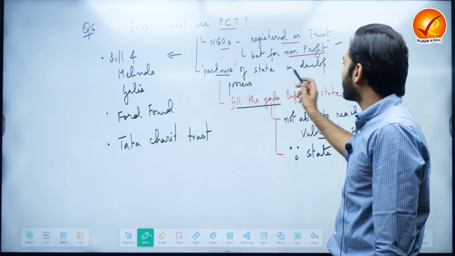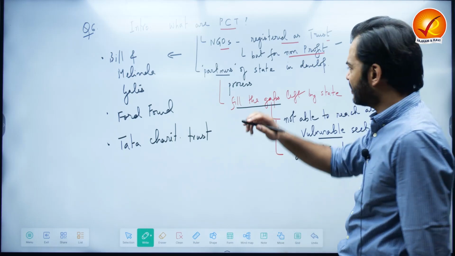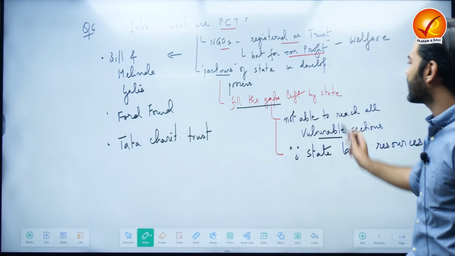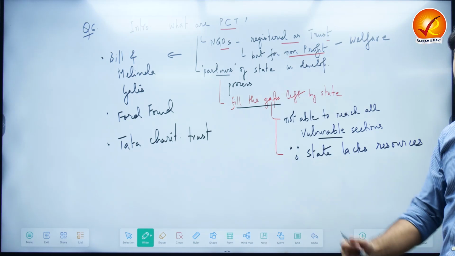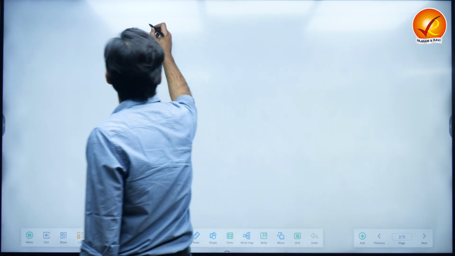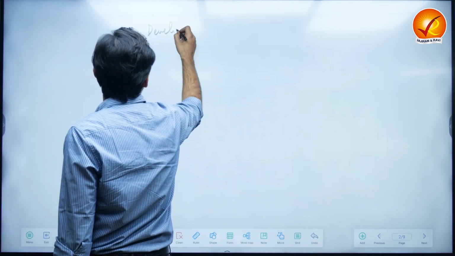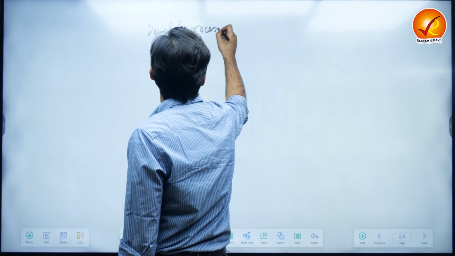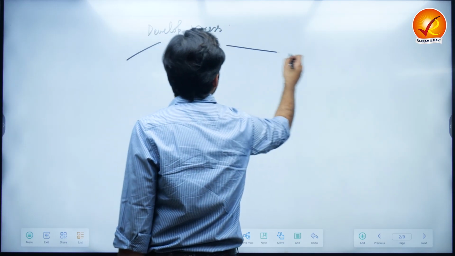Then NGOs are partners of the state in the development process. How do they partner the state? They fill the gaps left by the state. So the role of the state is quite clear. In the development process, there are three actors.